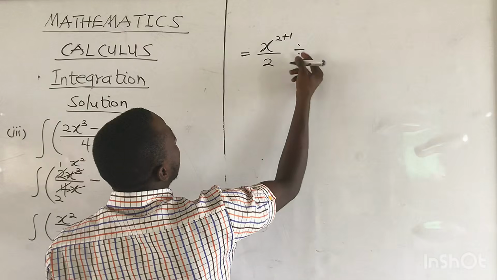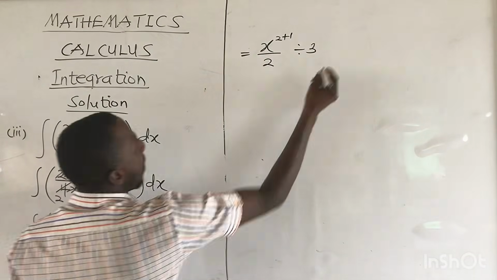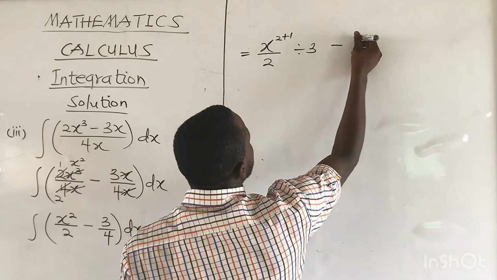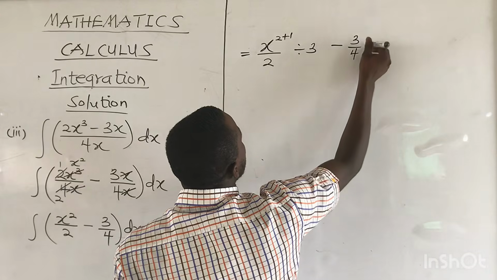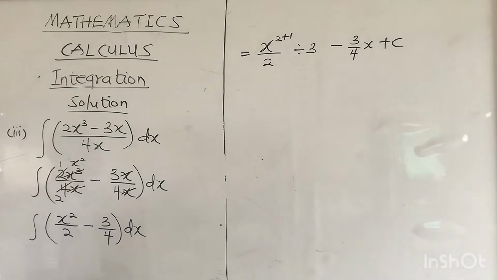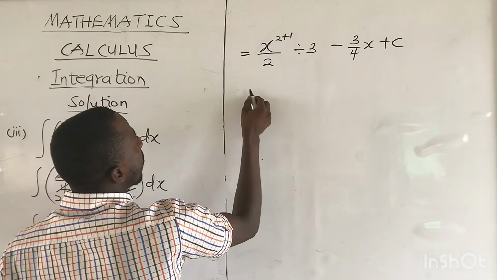So divided by 2 plus 1, we have 3. Minus, when we are integrating 3 over 4, we are going to get 3 over 4x plus c, which is the arbitrary constant.